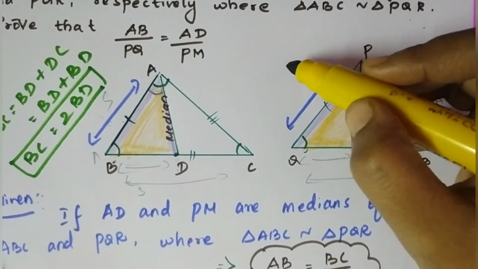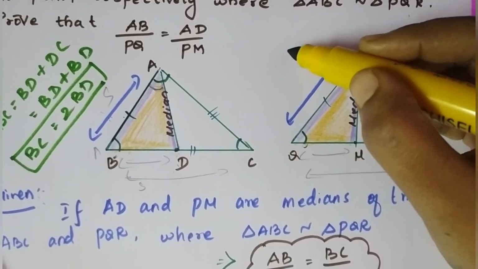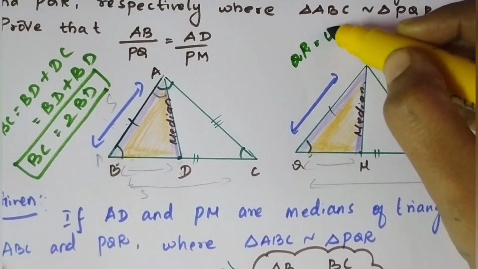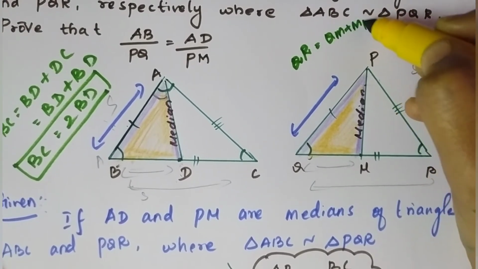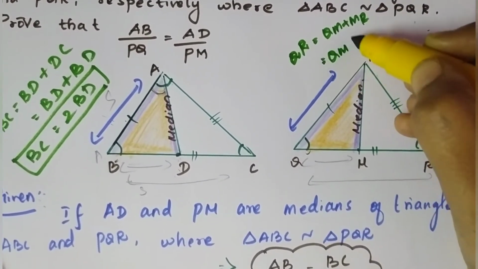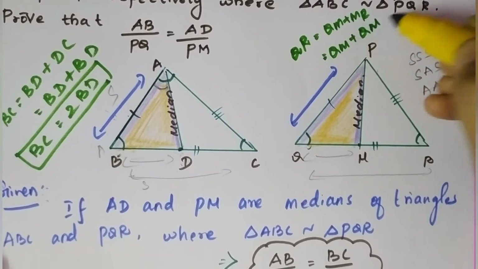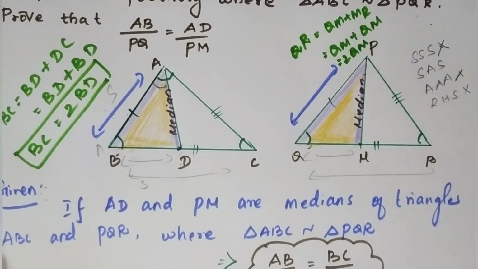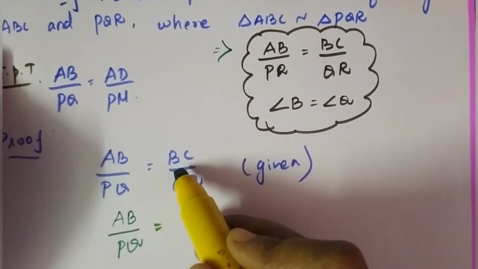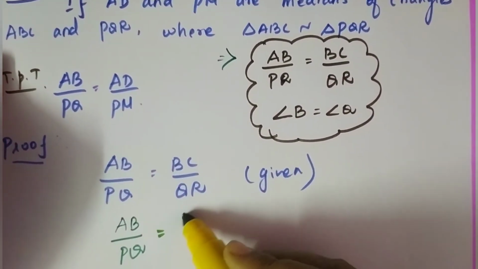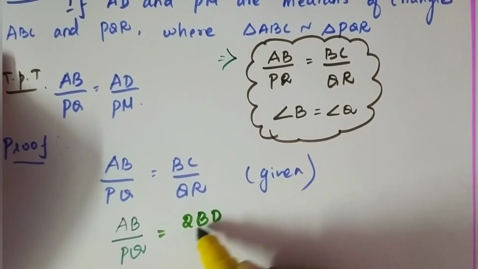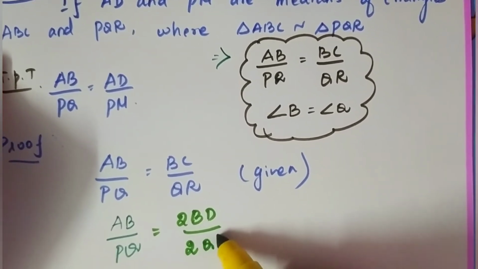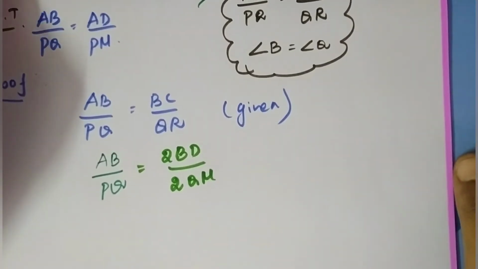And for this also, QR is equal to QM plus MR, which is QM plus QM since M is a midpoint, so 2QM. Clear? So instead of BC, I am going to write 2BD, and instead of QR, 2QM.